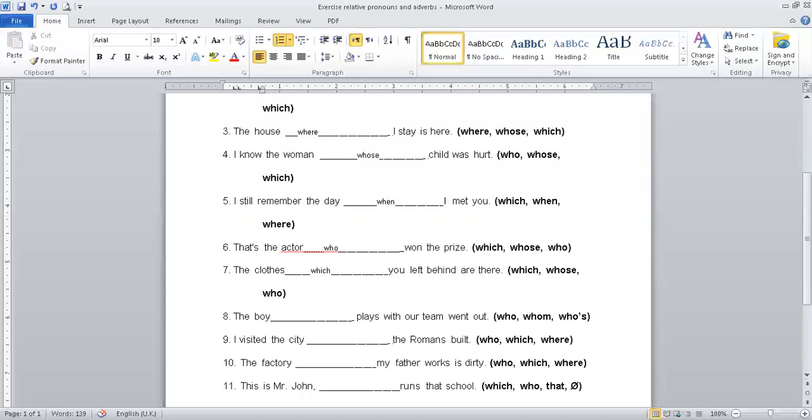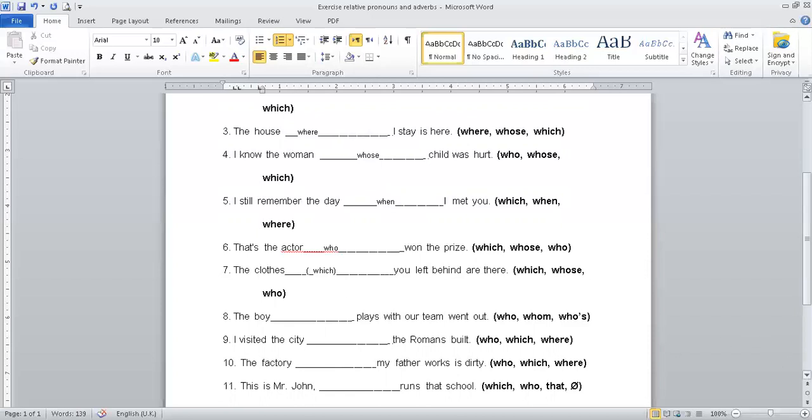Okay. Can we drop which? Yes. We say the clothes you left behind are there. You is the subject, so which defines clothes, and clothes is the object. So I can drop which. Let's put it between brackets, since you can drop which.